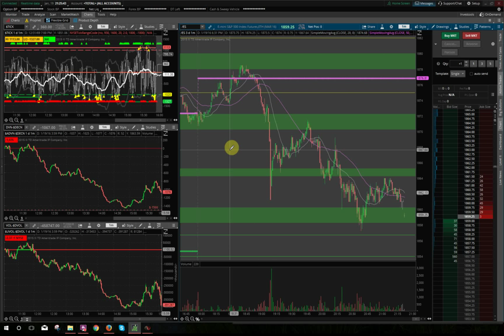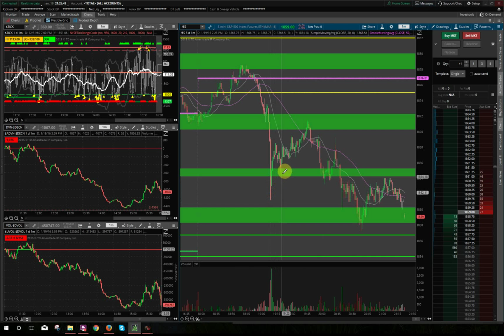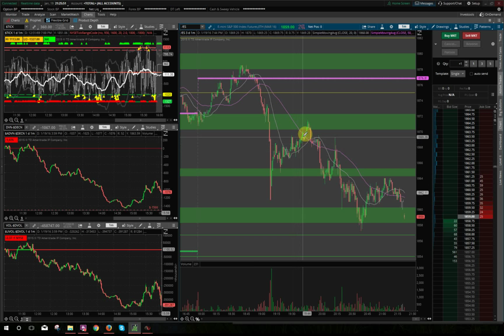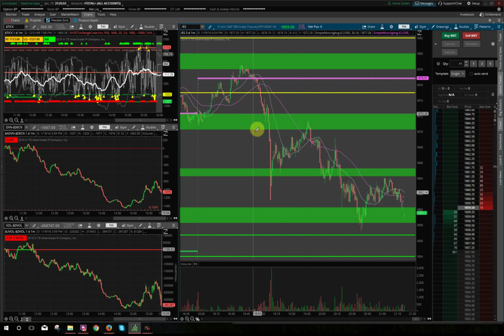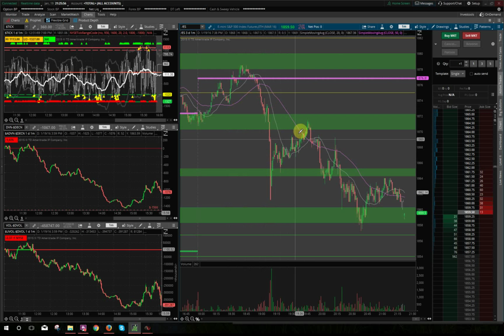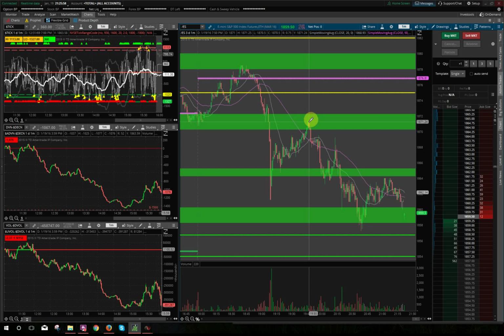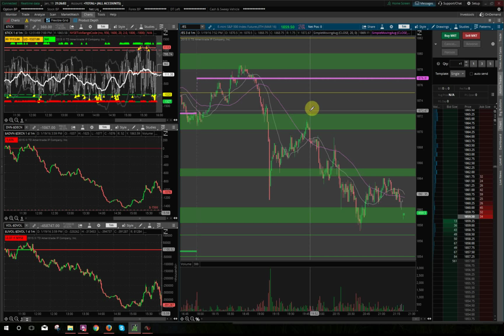So I'll go over really broadly how this trade would have worked. You see it break, comes back up, and you wait to sell it into this zone here that it just broke. So you can sell it into the middle or at the beginning of the zone with a stop above that zone.